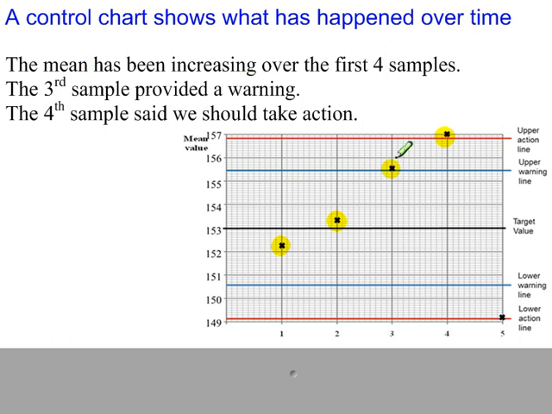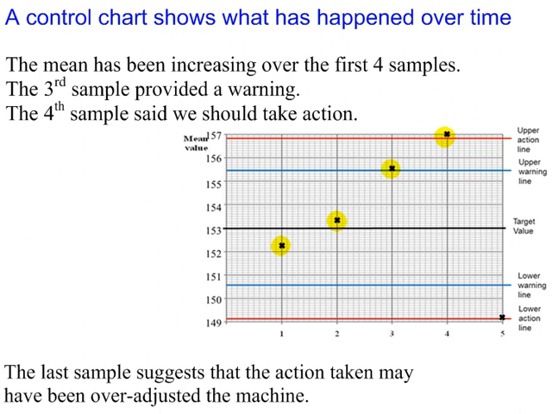The third sample provided a warning, and the 4th one said that we should take action. The 5th sample goes to the other extreme. So perhaps the machine was over-adjusted after action was taken after the 4th sample.